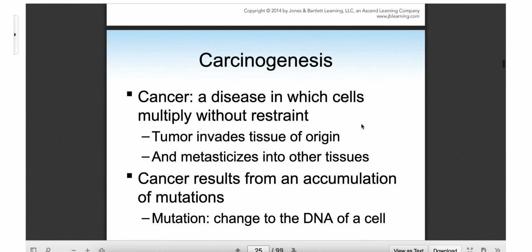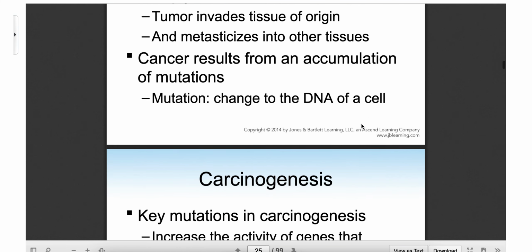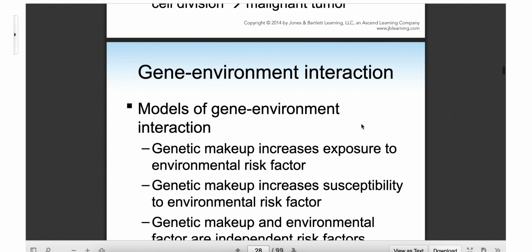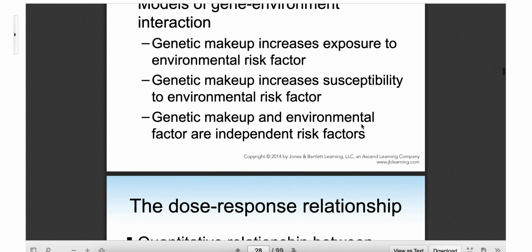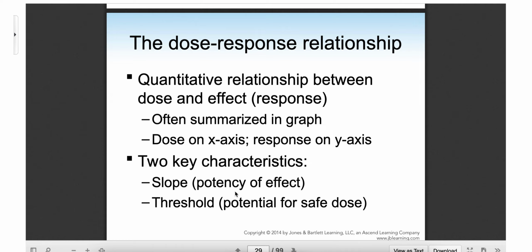And so it then talks about carcinogens, which are basically cancer-causing agents, and how those may interact with our DNA and cause cancers over time. And our genes play a huge role in this. It all goes back to what we call a dose-response relationship, which is how much of a dose we need to get a certain response.